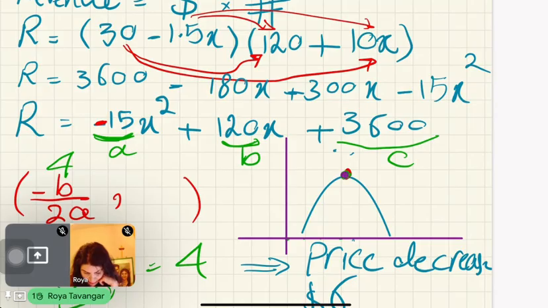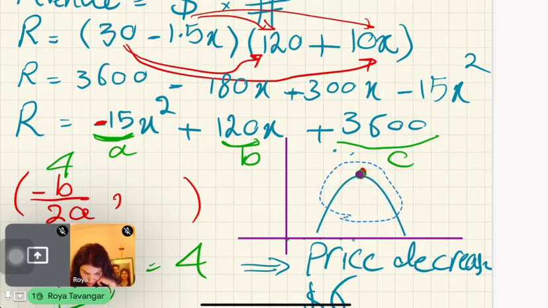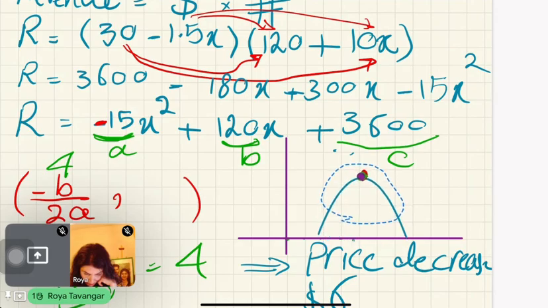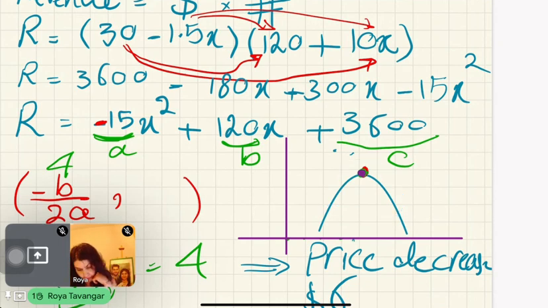We know that x is 4, so I'm going to move this 1, 2, 3, 4. It should be somewhere like here, and right now we want to find the maximum donation. The maximum donation is this part.